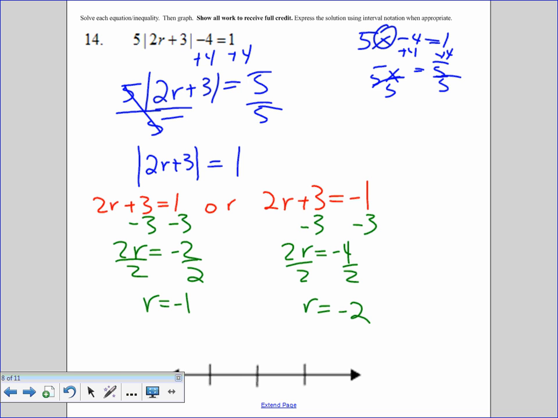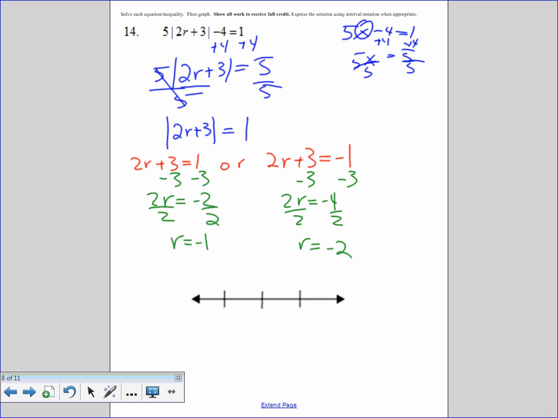We should plug them back in, but if you plug both of these back in, they both work. And so my solutions are negative 2, negative 1. And there's my graph. My solution set is negative 2 comma negative 1. Because it's a set, it's not an interval.